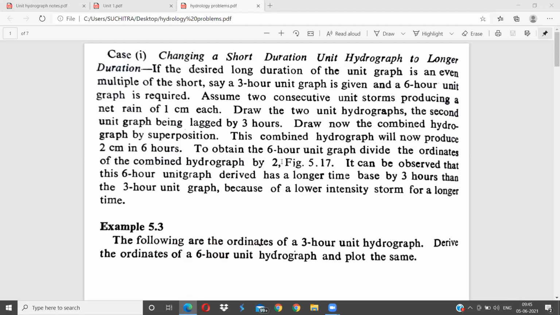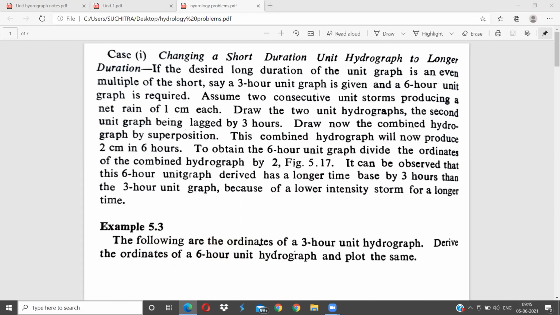Then you will get the ordinates of the 6-hour unit hydrograph. So this is case 1, wherein you can change a short duration unit hydrograph to a longer duration unit hydrograph. The condition is that the longer duration unit hydrograph should be an even multiple of the short duration hydrograph. You have to select 2 consecutive storms producing a net volume of runoff equal to 1 centimeter.